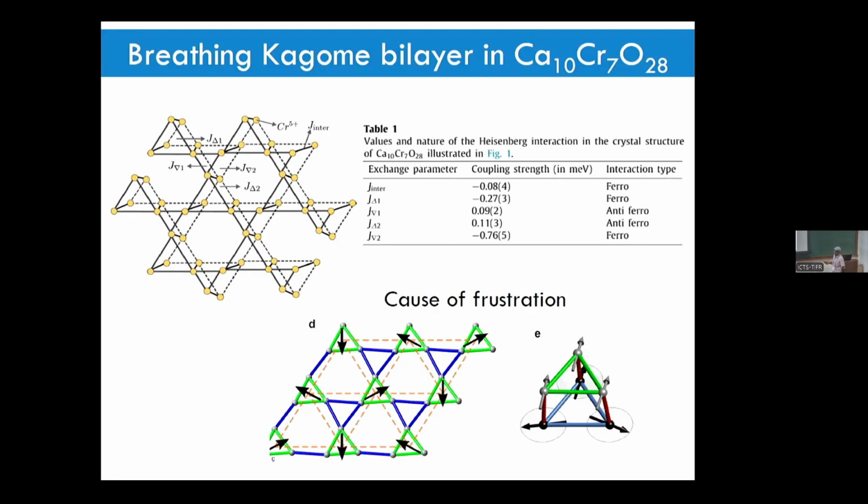Spin half. I think I don't know; Johannes does. I think it's a spin half on the bilayer Kagome, but I'm not sure. I can get back on that.